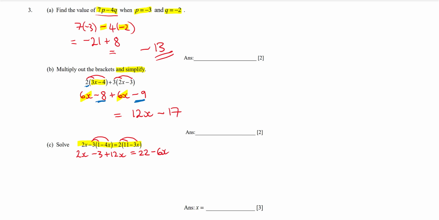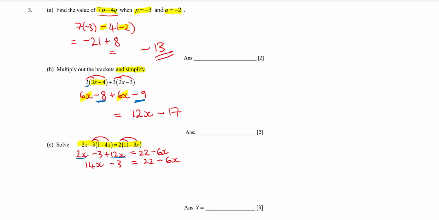That's that one there. Okay, so on the left hand side, we've got this 2x and this 12x, so we can simplify that a little bit. So 2 plus 12 is 14, so we're going to have then 14x minus 3 is equal to 22 minus 6x. So now we'll get all the x's on one side.